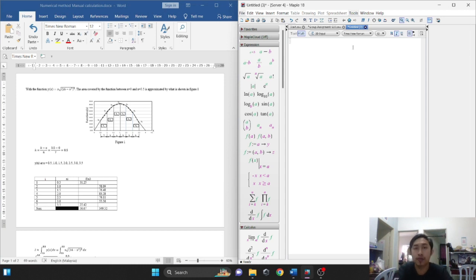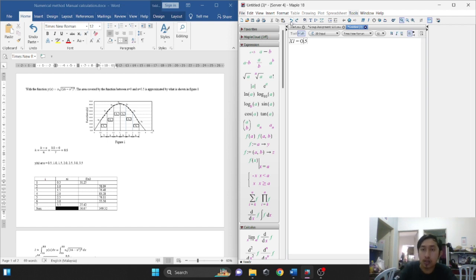So we want to prove it in the mathematical software, which is I use Maple to prove. First, we need to declare the xi. First, change to 0.5. So second, x2 is 1.0. Then x3 is equal to 1.5.